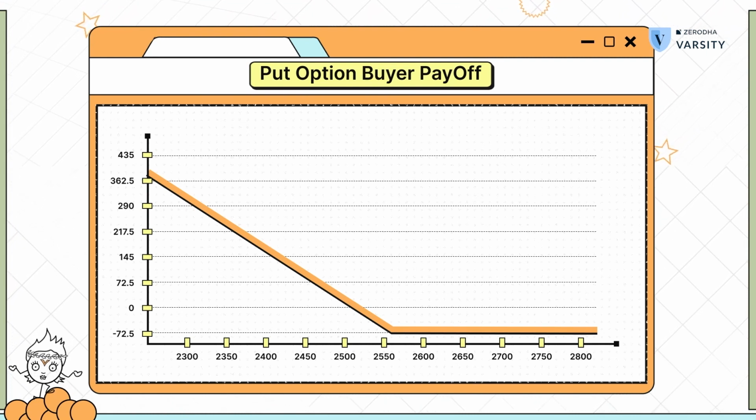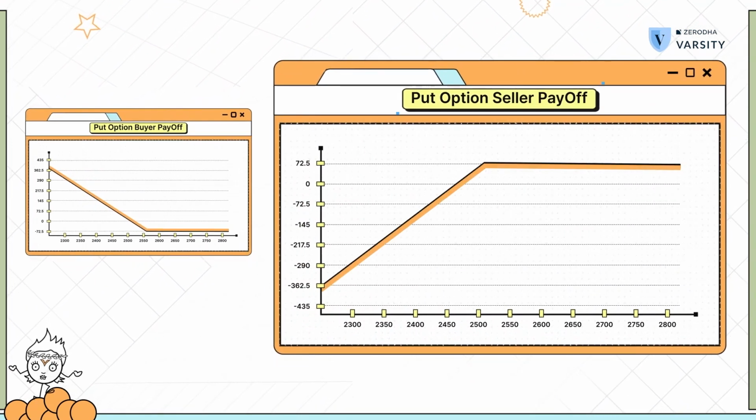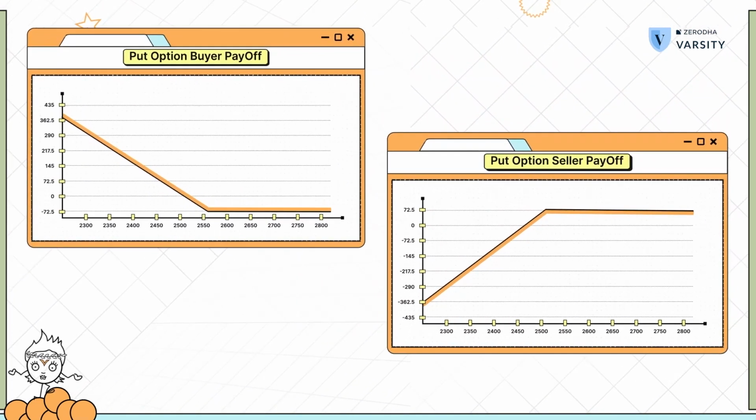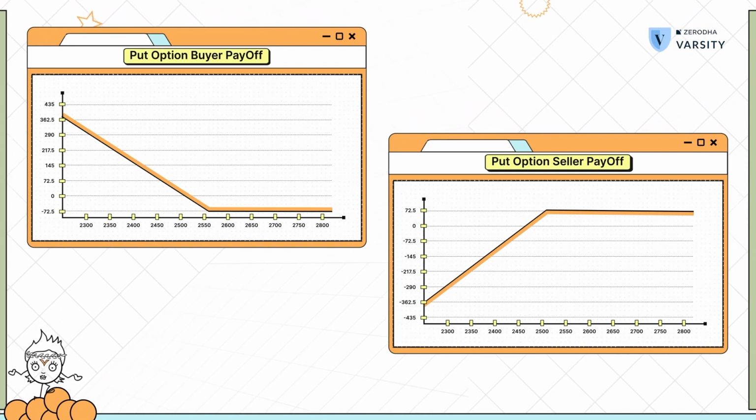Now, what do you think is the put option seller's payoff? It's very easy. You just need to invert this graph and you'll get the put option seller's payoff. The maximum profit that a put option seller experiences is exactly equal to the maximum loss the put option buyer experiences.